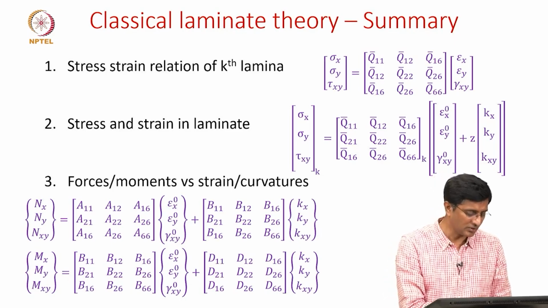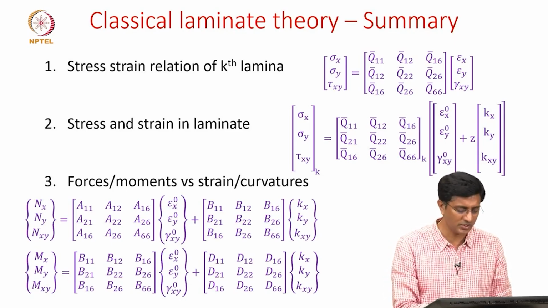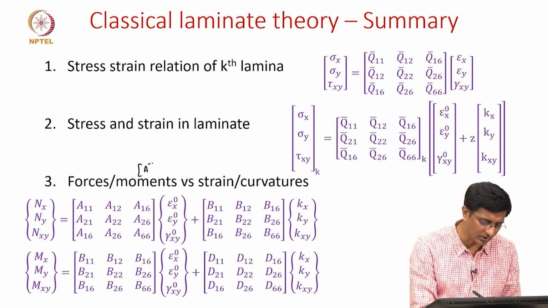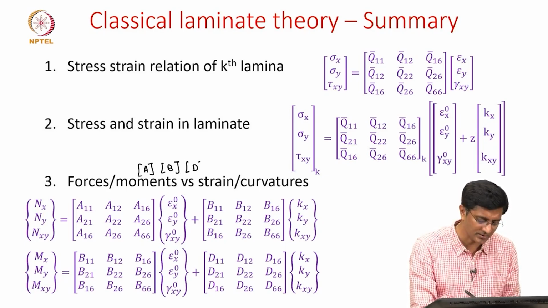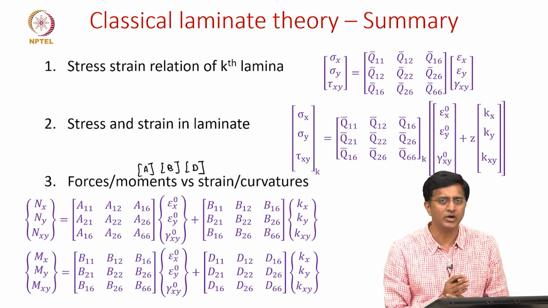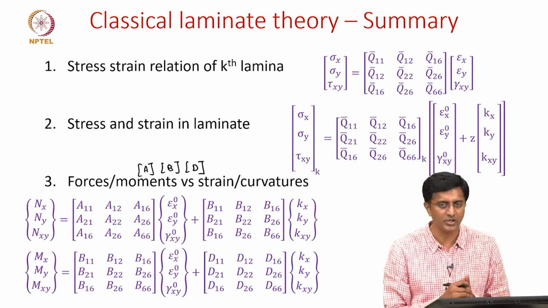And lastly, we showed the relation between the force and moment written in terms of the strain and curvature. For this, we have shown it can be written in these 3 matrices, which are now called the ABD matrices. So in this video, we have shown you the derivations of how we get to these ABD matrices.